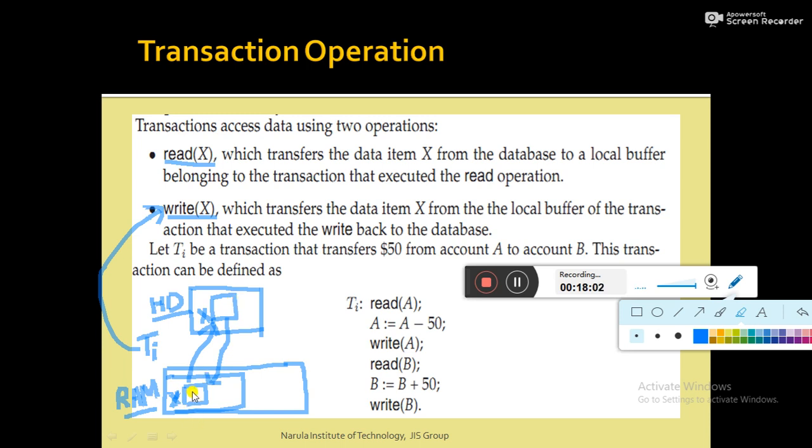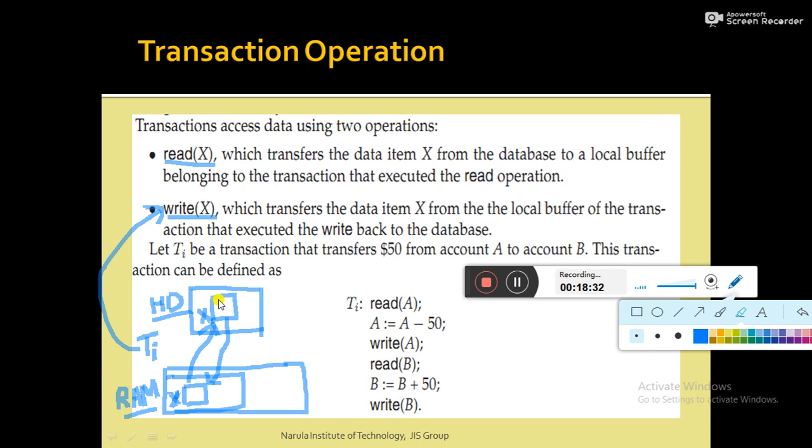So whatever updation has been done by the transaction, all updation is done on the data item X which resides in the RAM, not in the hard disk. Then after completion of the transaction, whatever updation has been made by transaction Ti on the RAM, that data is copied back to the data item X stored in the hard disk.